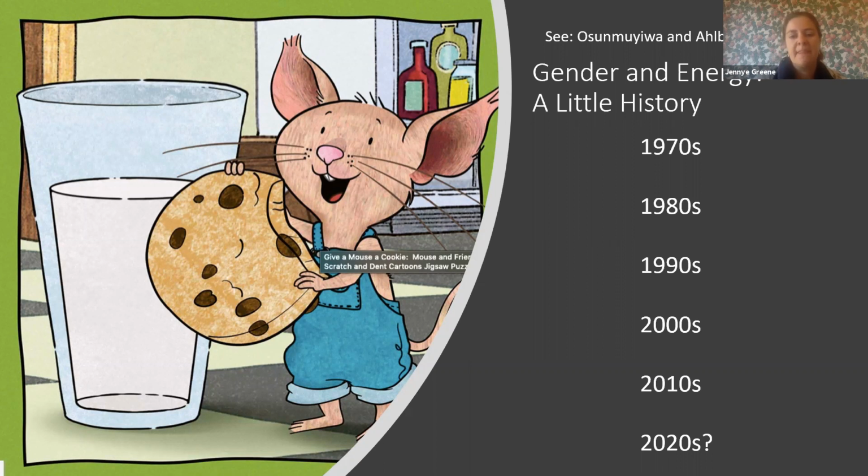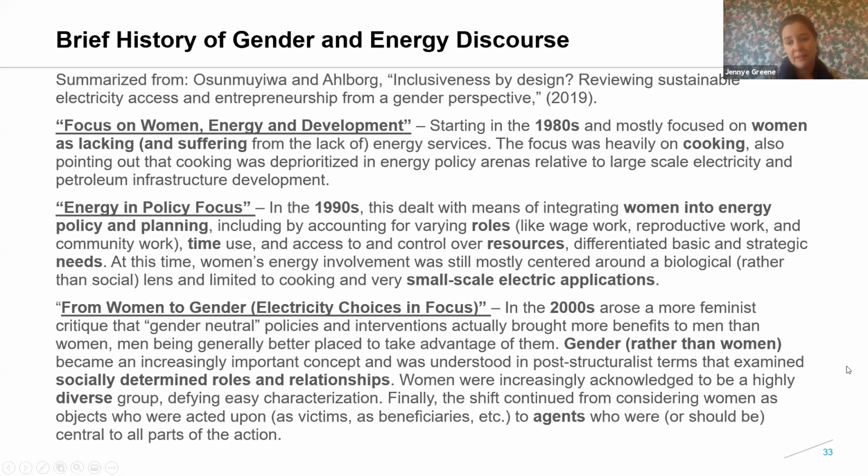So in the 70s, there was really a focus on women, like biological women, and cooking, and women were seen as victims. And then in subsequent decades, you see this space clamoring for broader rights, broader definitions, broader concepts of women and energy, and it becomes gender and energy. And instead of thinking of women, we start to look at the social constructs, gender norms.